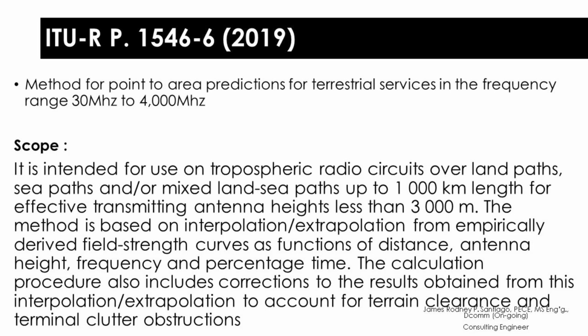This recommendation is intended for use in tropospheric radio circuits over land paths or mixed land and sea paths up to 1,000 kilometers in length, for effective transmission antenna heights less than 3,000 meters.